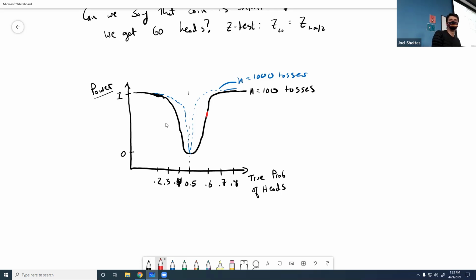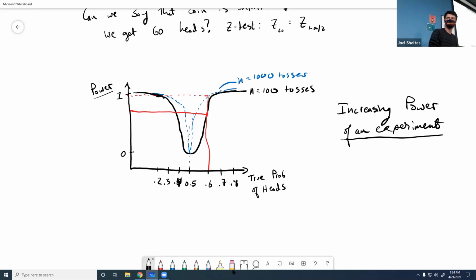Here's my power at 100 tosses, if this is the true effect size. And then here's my power at, I didn't draw that really well, but let's try to draw that a little bit better, here's my power at 1,000 tosses. So if I increase my sample size, then I can increase my power. All right, so we can increase sample size.